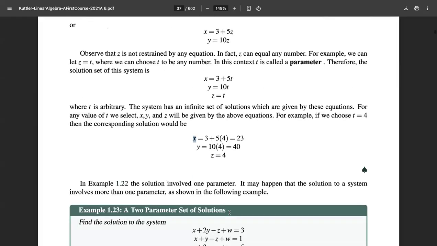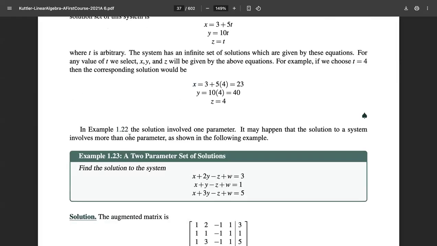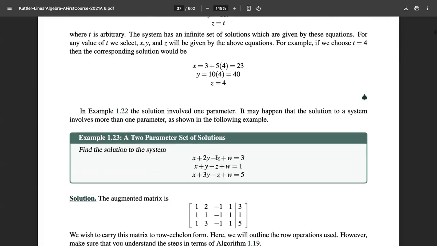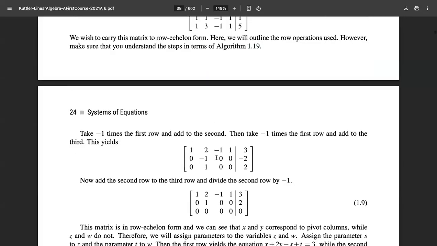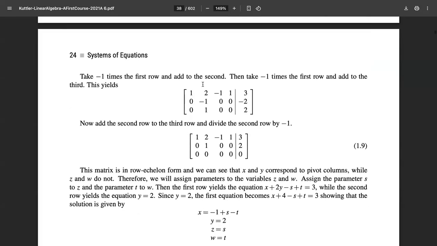Then we can also have more than one parameter, and you can refer to this example that shows you that. Essentially, this is when there's no constraint on some variables.